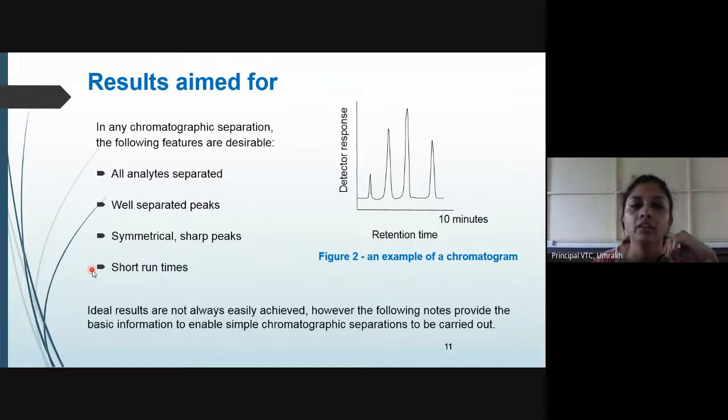And the fourth thing we need to achieve is, as much as possible, short run times. The shorter our run time is, the more advisable it is, because if the run time increases, every time we need to spend that much time on separation and our mobile phase requirement will be more. Suppose you have one component which elutes at 2 minutes and another giving the response at 15 minutes.